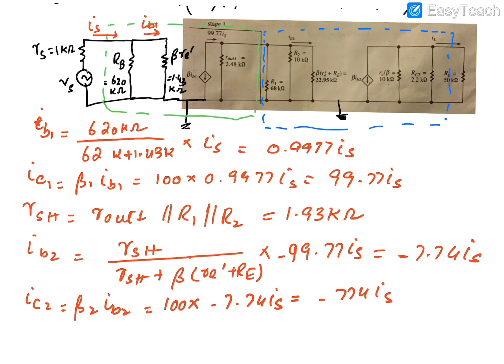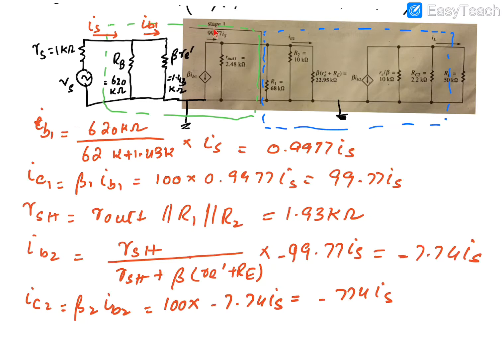So IB1 will be equal to RB divided by beta RE dash plus RB into IS. This current is divided between branches RB and beta RE dash. So IB1 will be equal to 0.9977 IS.